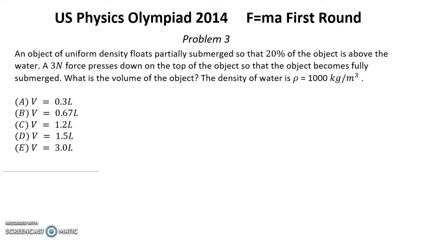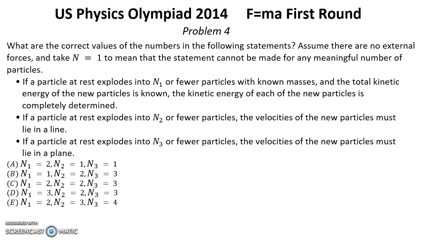Solution. The additional buoyancy force acting on a submerged object is equal to this expression. From here we can find the volume. It means the volume equals 1.5 liters, which is answer D.